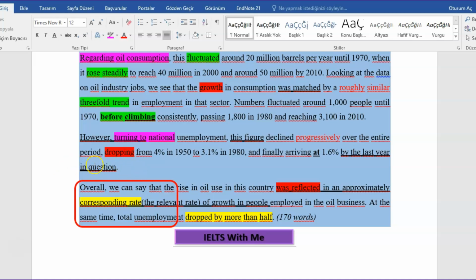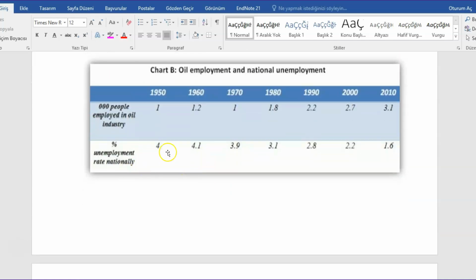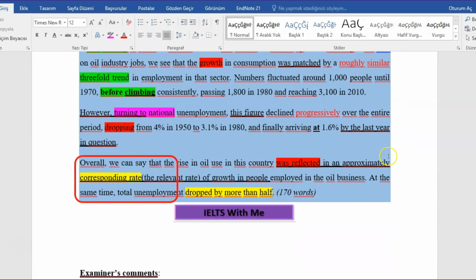Regarding our issue, we see that we have again a consistent decrease in our figure, right? And dropping from this to this, and finally we state our last final point.